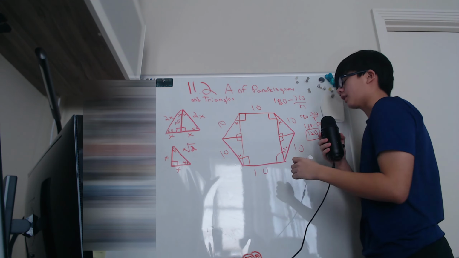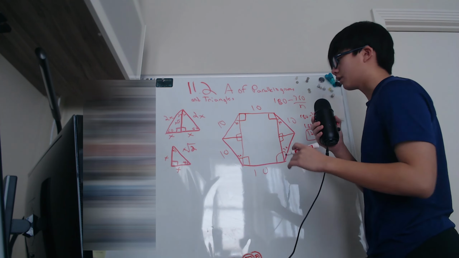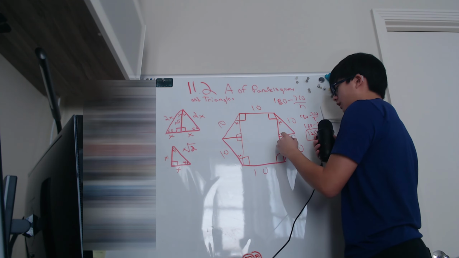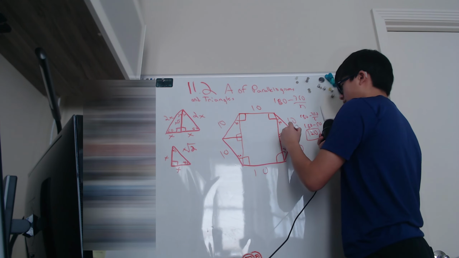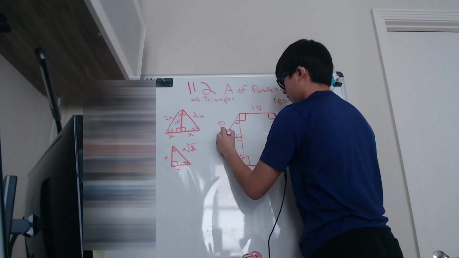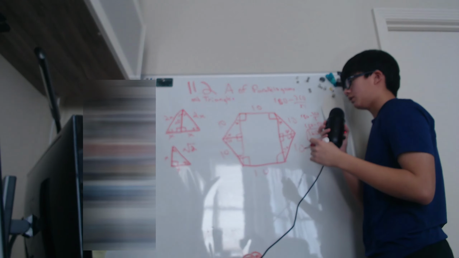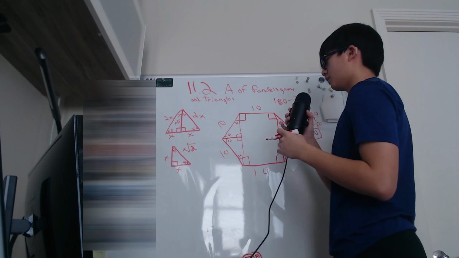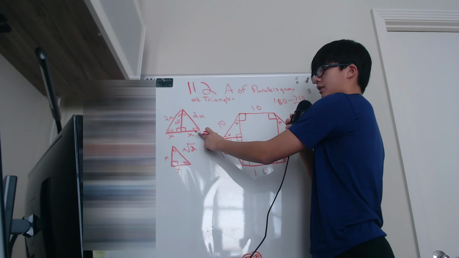Since every triangle has 180 degrees in its interior angles, 90 plus 30 is 120, and 180 minus 120 is 60. So we know each of these angles is 60. This actually makes a 30, 60, 90 triangle here, and just like right here.